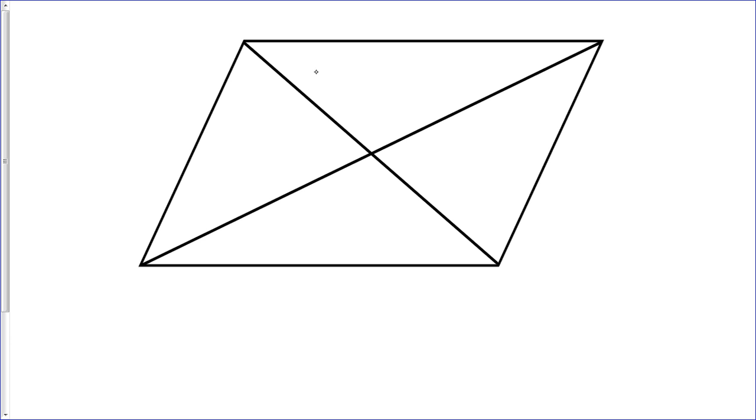Say this part of the line is 3y minus 7, this is y, this is 2x, and this is x plus 1. What I want you to do is find x and y. Remember, put this in your notes. So pause the video and find x and y.